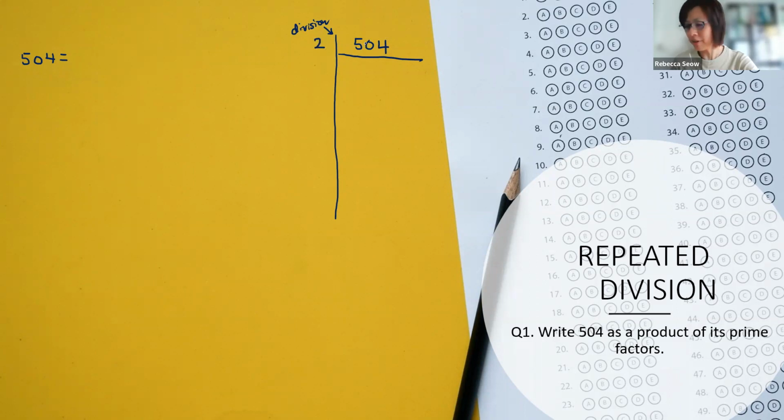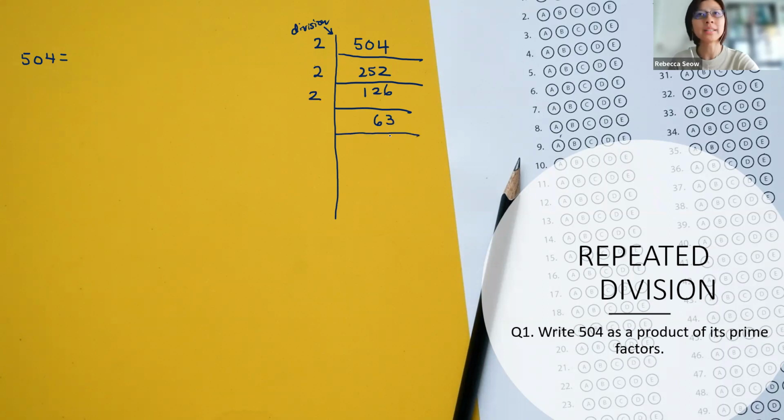So 504 divided by 2, using our calculators, we have 252. Now we ask ourselves the same question. Can I divide it with the smallest prime factor? 2, yes, possible. Okay, I divide by 2 again. I have 126. Can I divide by 2 one more time? Yes, I will have 63.